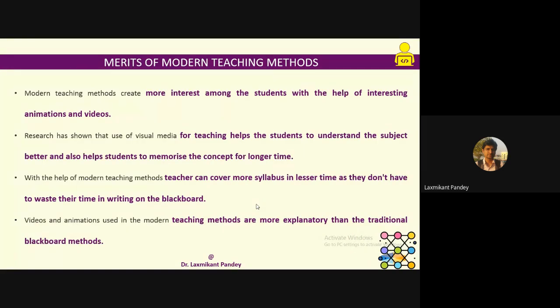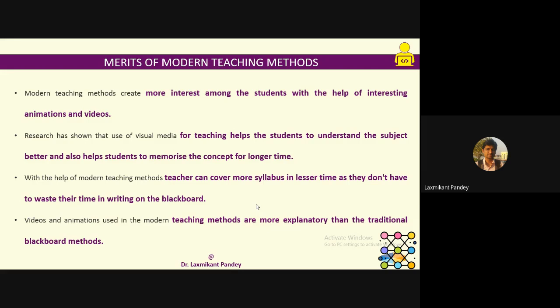Now, the merits of the modern teaching methods. By using IT or newer techniques, you can create more interest among the students about the subject. In newer methods, you can use animations, videos and different types of aids, and by this you can create interest among the students.